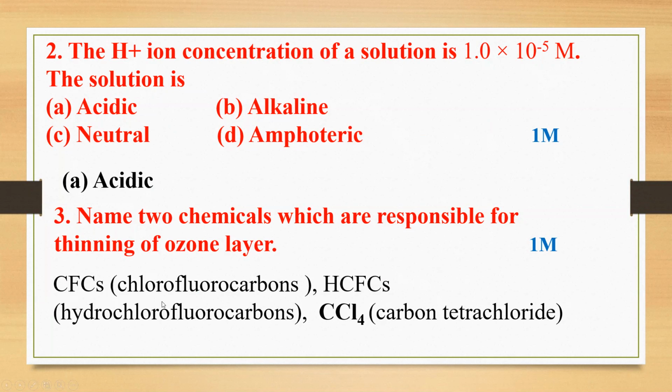If chemicals like chlorofluorocarbons, hydrochlorofluorocarbons, and carbon tetrachloride are released into the environment, and sometimes you may write other chemicals also like bromofluorocarbons, different halogen compounds, they are going to destroy or thin the ozone layer.